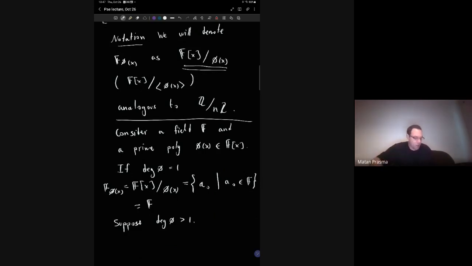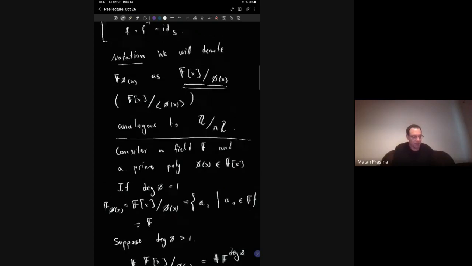Okay, we know that the number of elements of Fx modulo phi is simply the number of elements in F to the power of the degree of phi. Right?